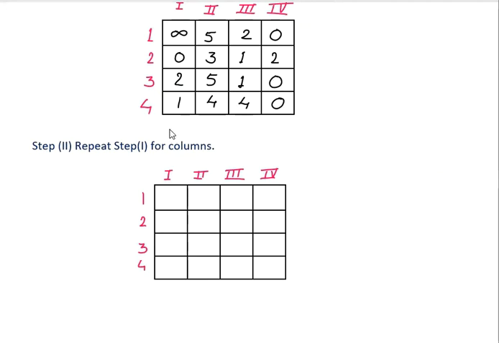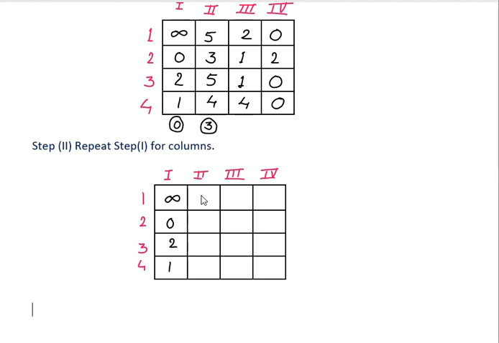What is the smallest number in the first column? It is 0. So subtracting 0 from the first column will not change the elements of the first column. The elements of the first column are infinity, 0, 2, 1. Now subtract the smallest element of the second column, which is 3, from all the numbers in the second column.